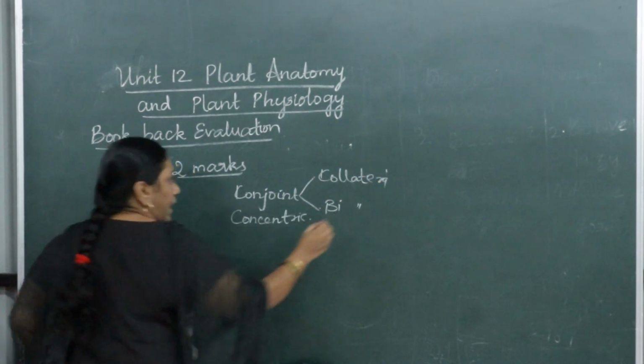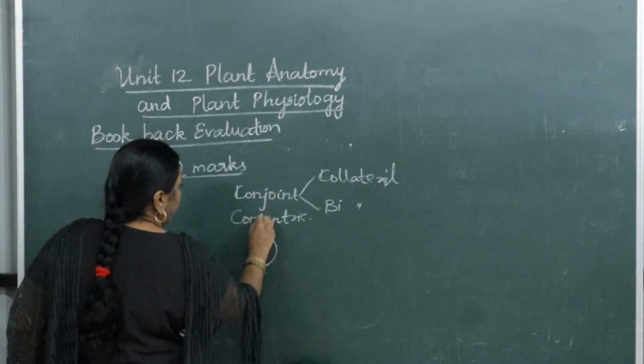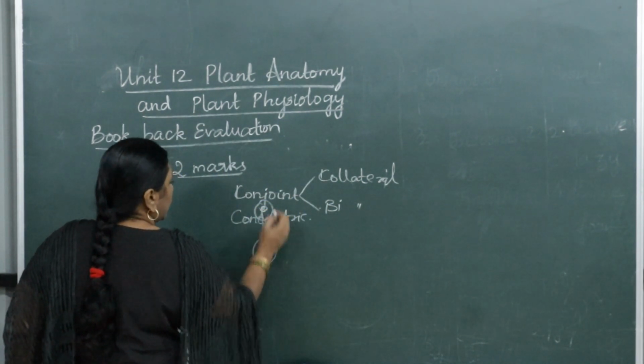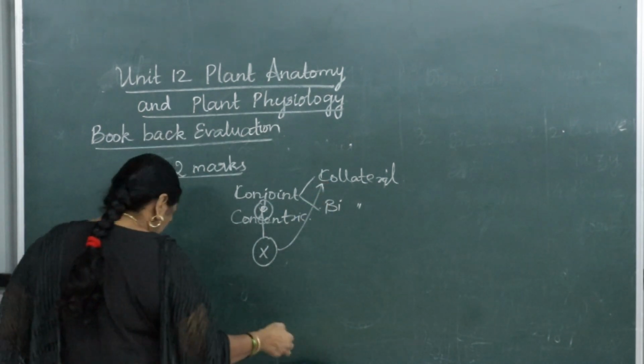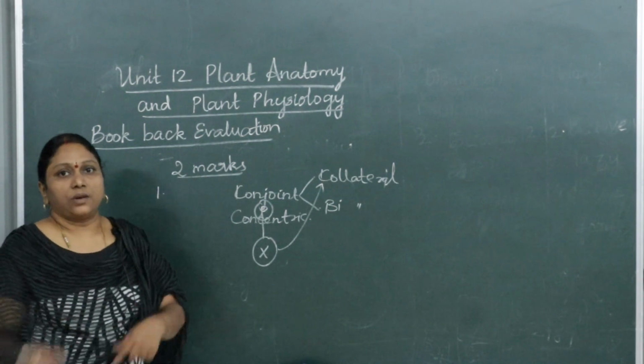When we have xylem towards the center and phloem towards the periphery, this arrangement is called as collateral vascular bundle.